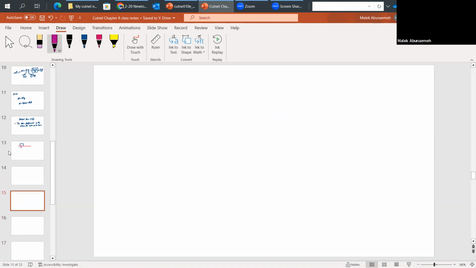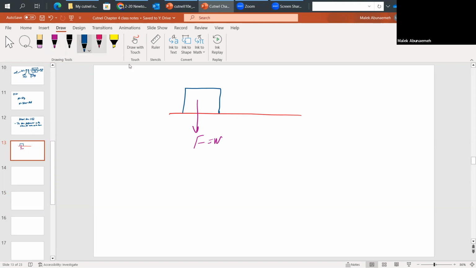This force, which is your weight, and let's say this is a 5 kilogram object, is going to equal 5 times 9.8, which is your 49 newtons.